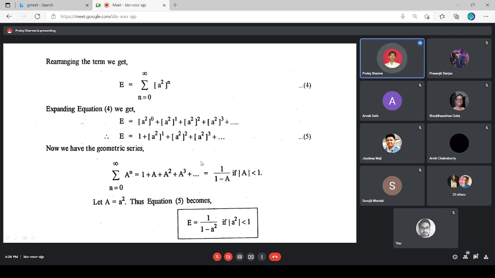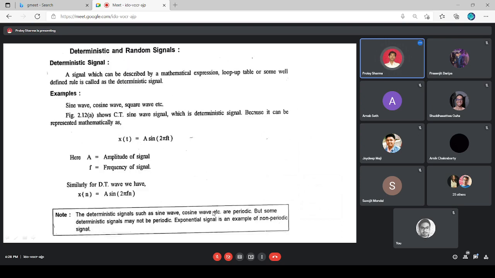For an infinite GP series, the formula is 1 by 1 minus a, if a is less than 1. So for our expression, the common ratio is a square, and the summation will be 1 by 1 minus a square, valid only if a square is less than 1. So this is the energy of that signal.